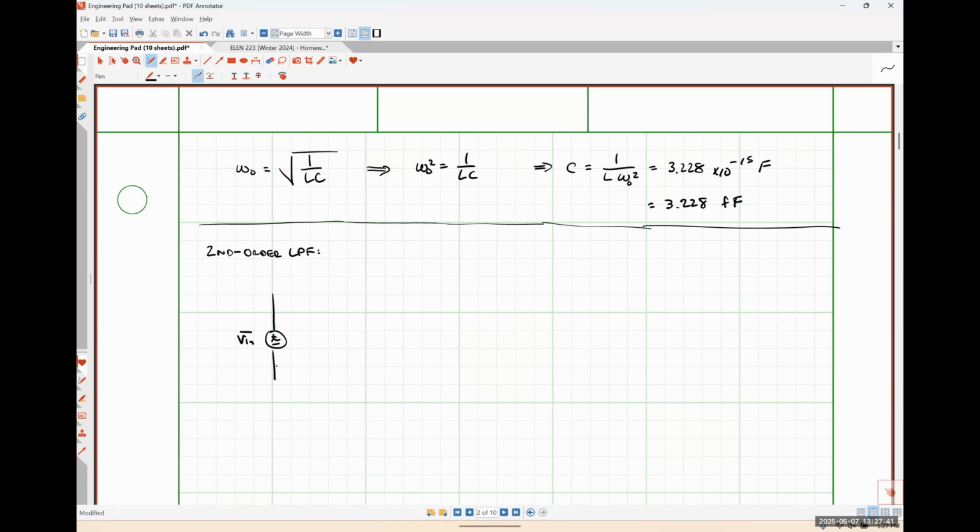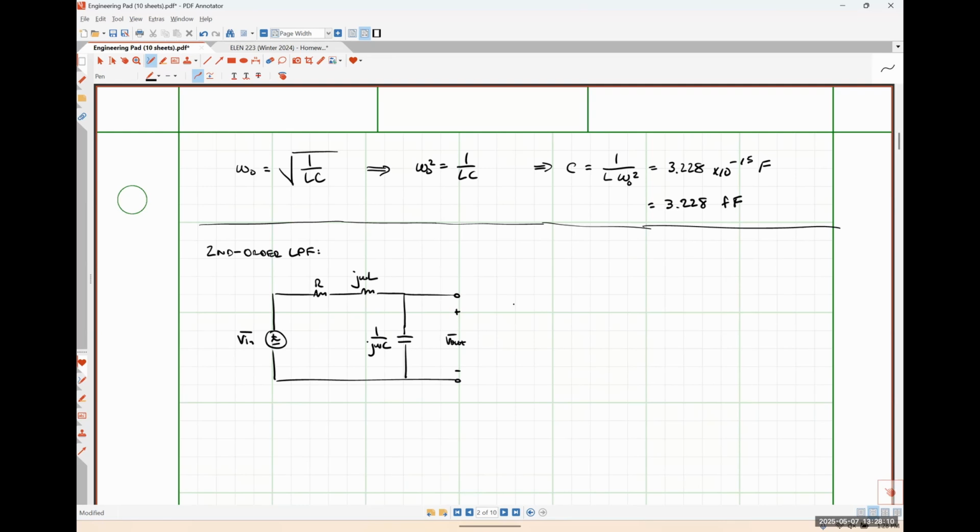So here's V_in, here's R, j omega L. Here's 1 over j omega C. And our output voltage is just the voltage drop across our capacitor.